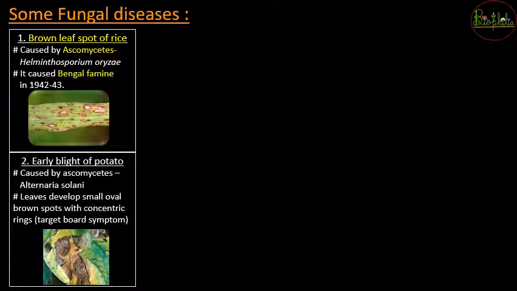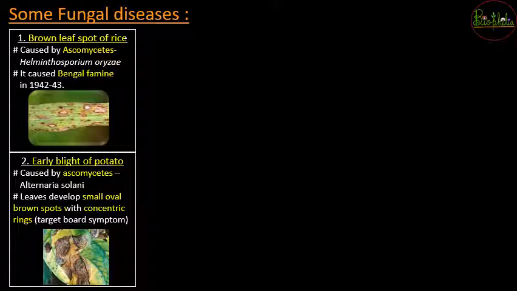Second example of a fungal disease is early blight of potato. So you have seen the late blight of potato in Phycomycetes. Similarly, there is early blight of potato caused by Ascomycetes, and early blight of potato जो होता है वो disease में the leaves are going to develop small oval brown spots with concentric rings.